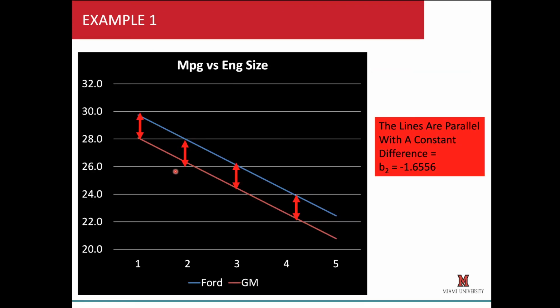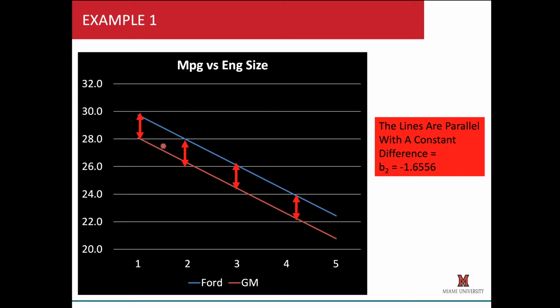But the idea is that engine size and miles per gallon are inversely related, which means that as the engine size increases, the miles per gallon generally decreases. Of course, engine size is sort of a proxy for car size, and the larger the car, generally the less miles per gallon.